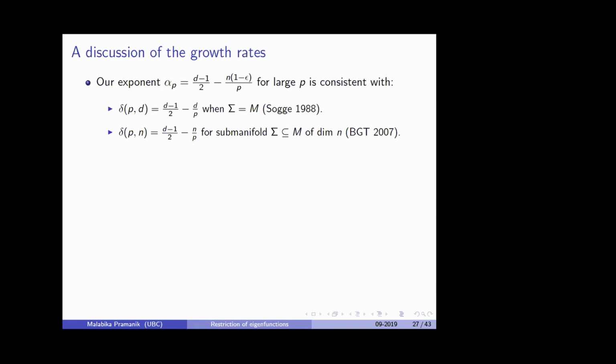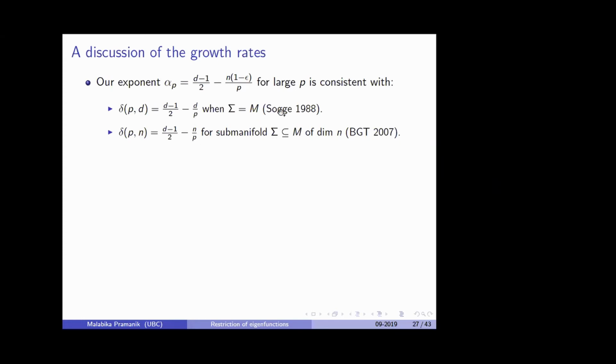So let's briefly discuss what these growth rates mean. Our exponent, as I mentioned, is consistent with earlier work. What do I mean by consistent? It means that for large p, they have a similar formula. What's this formula? They are all half of the ambient dimension minus 1/2 minus 1/p times the dimension of the set where you are taking the L^p average.